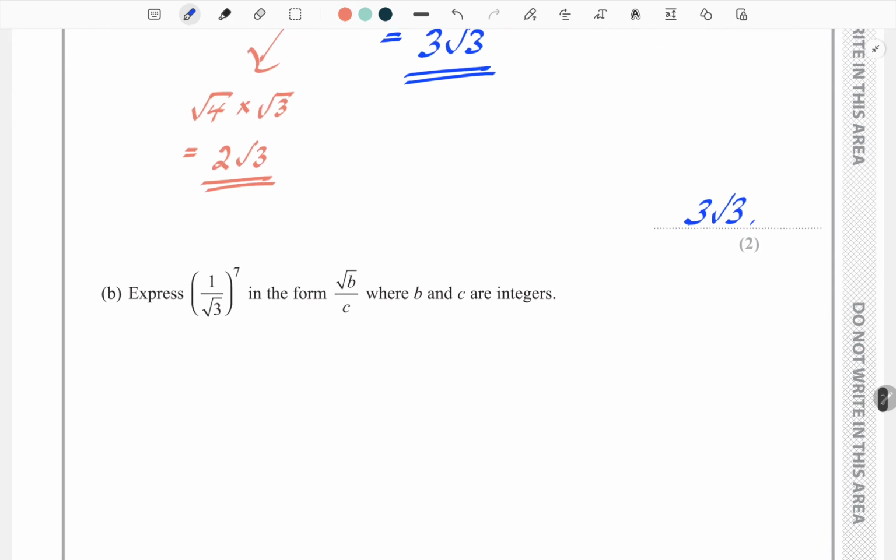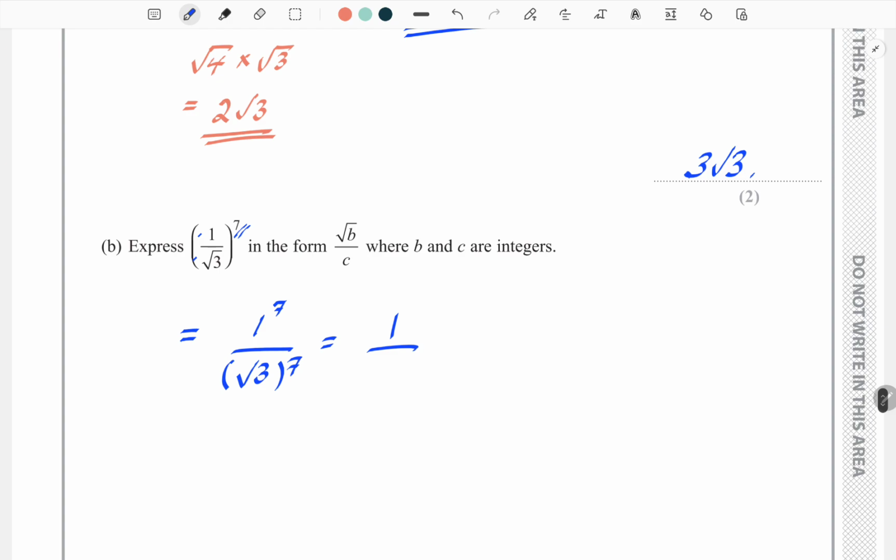Right, this next one, the power applies to the numerator and the denominator, so that's the same as writing 1 to the power 7 and root 3 to the power 7. So 1 to the power 7 is simply 1. Root 3 to the power 7, remember that root 3 squared equals 3. Now, in this case, we've got root 3 to the power 7.